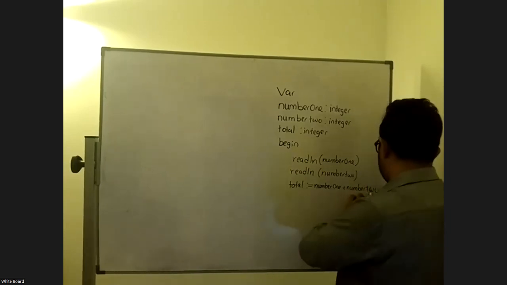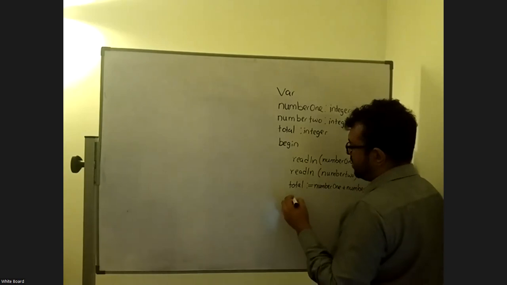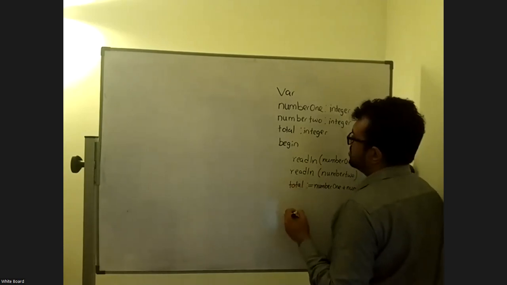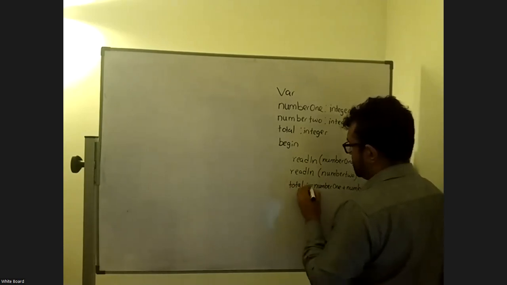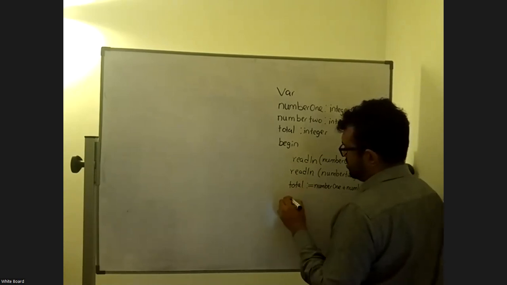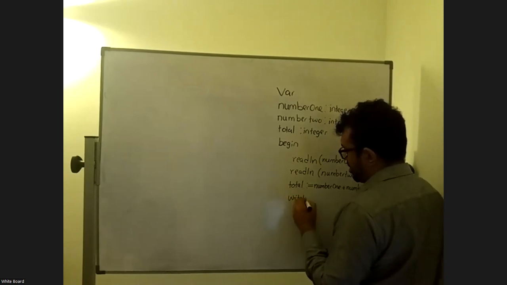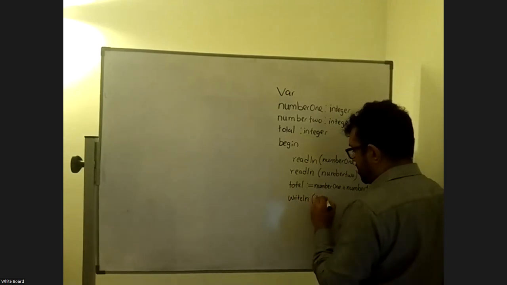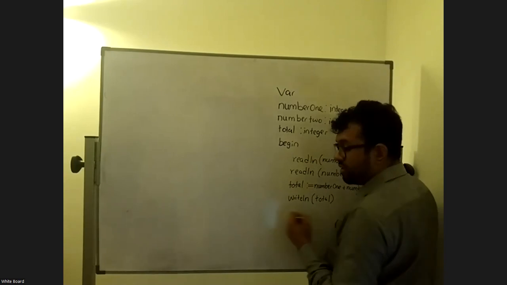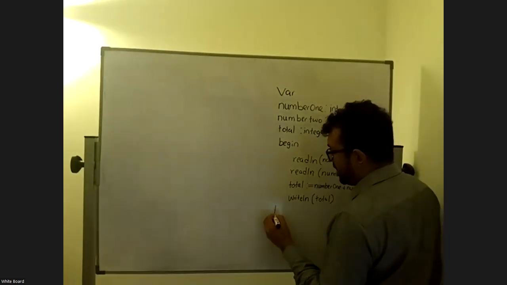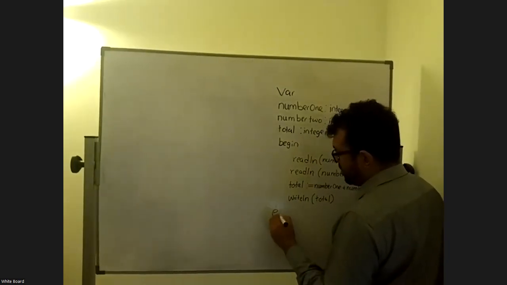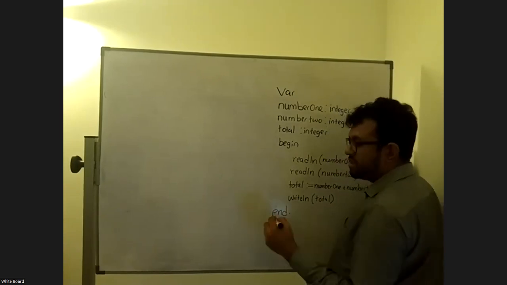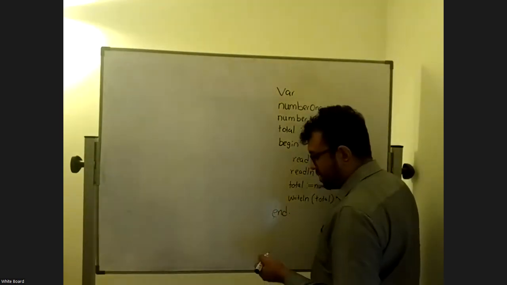And finally, you can write down write total. So this is a simplified version of what I have written, and we can end the program. This is not what exactly you have seen.